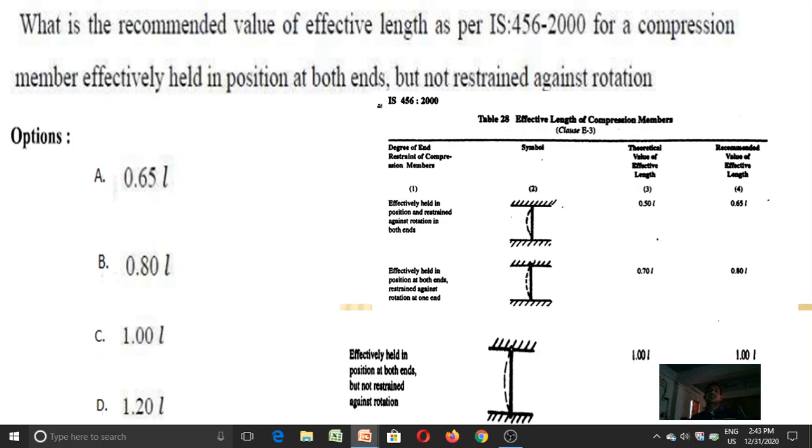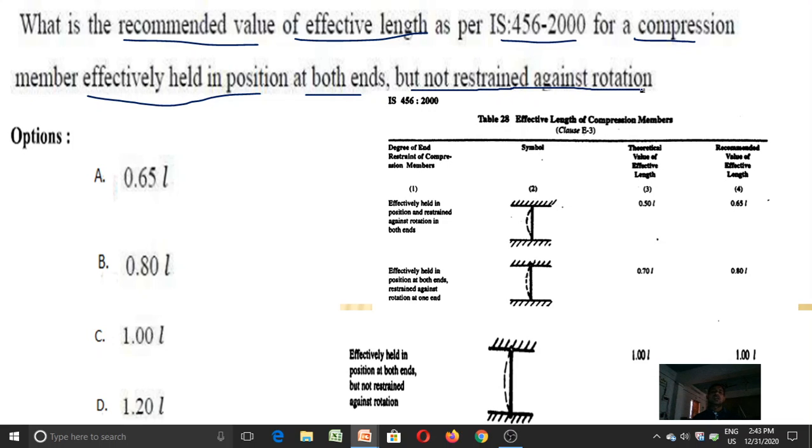It is again related to the IS 456-2000 recommendations. What is the recommended value of effective length as per IS 456-2000 for a compression member effectively held in position at both ends but not restrained against rotation?